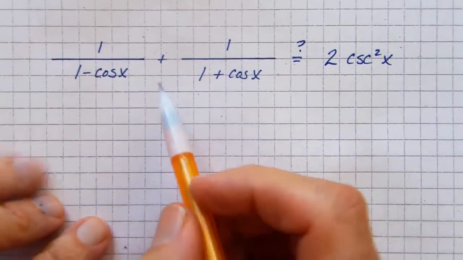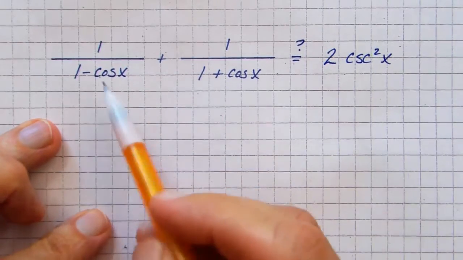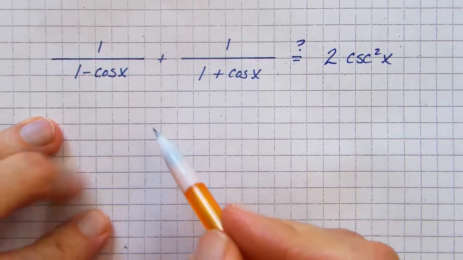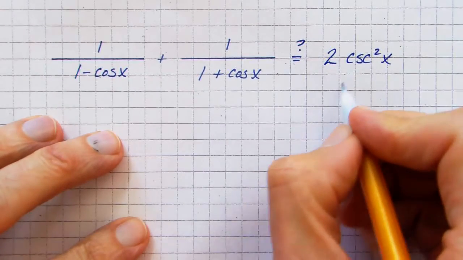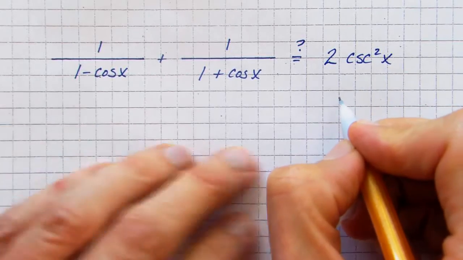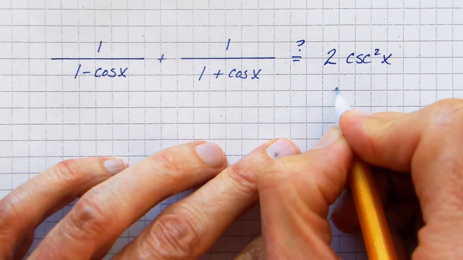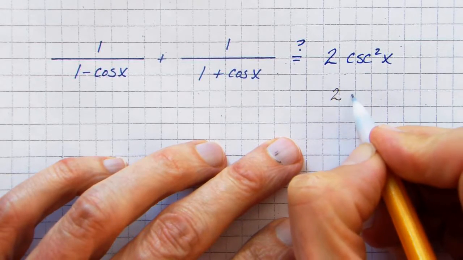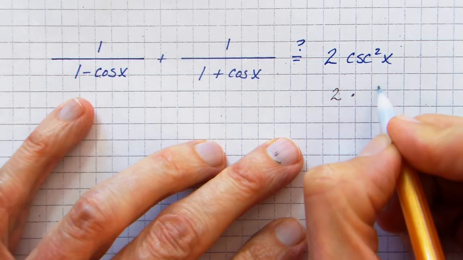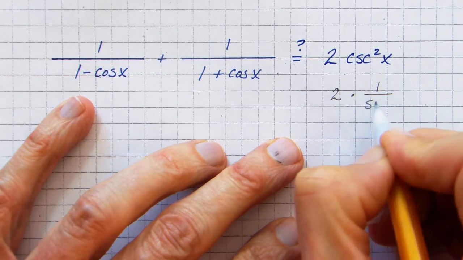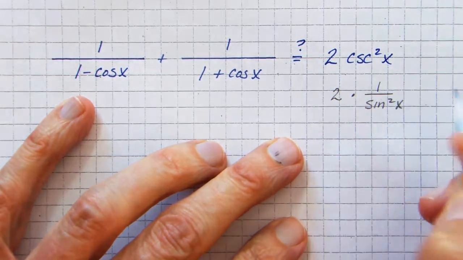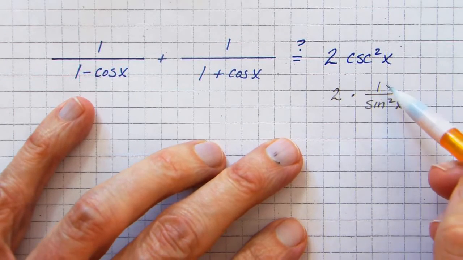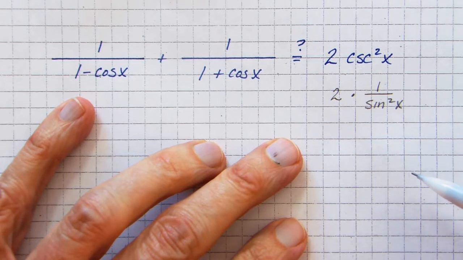So again, the first step is turn everything into sines and cosines. And right now, all this stuff is pretty much done. Can't really do anything with that. But on the other side here, we could turn cosecant into, this would be 2 times, now cosecant is the reciprocal of sine, so 1 over sine squared. 1 over sine is the reciprocal of cosecant, so when you square it, 1 squared is 1, and sine squared is sine squared.